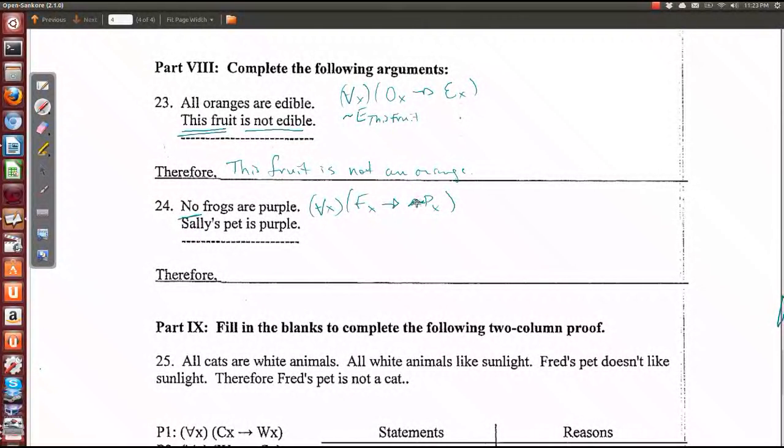Remember that only the second term is negated. In my second sentence, I'm talking about Sally's pet. That's the subject for my predicate is purple. So I've got P, Sally's pet.